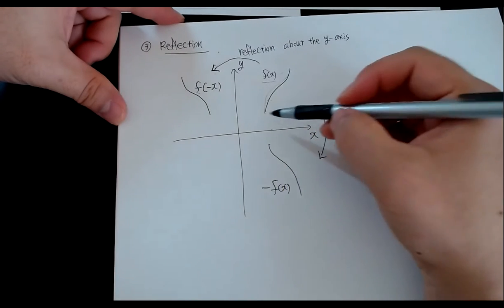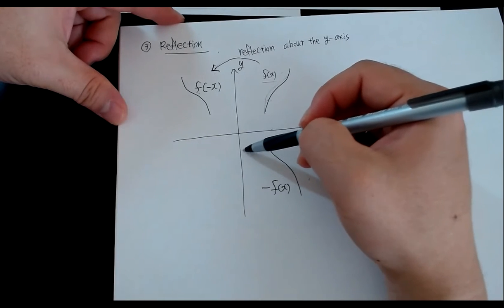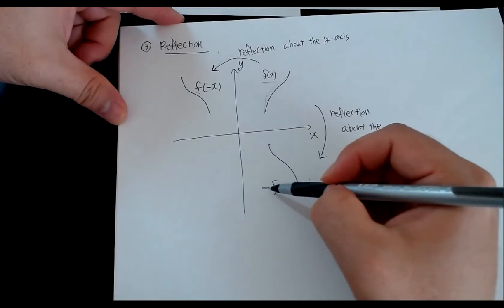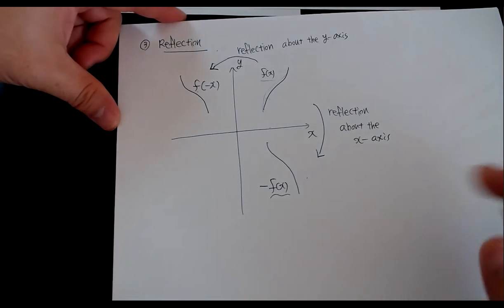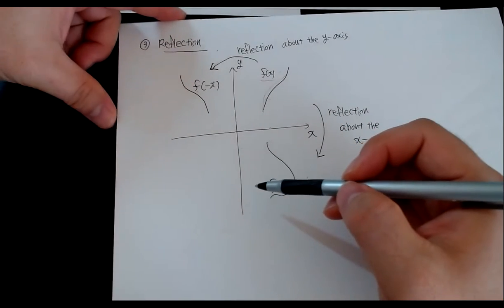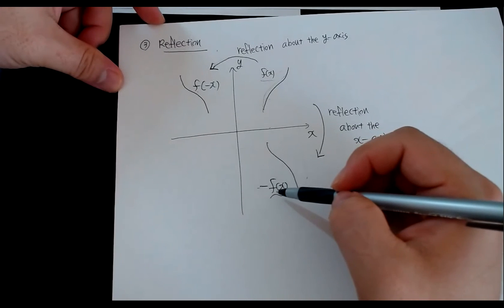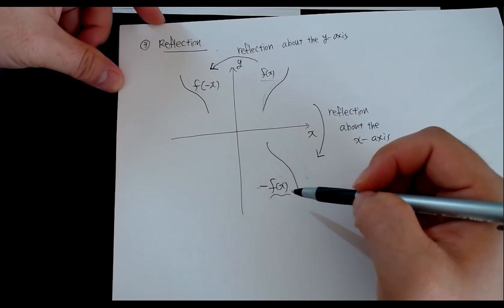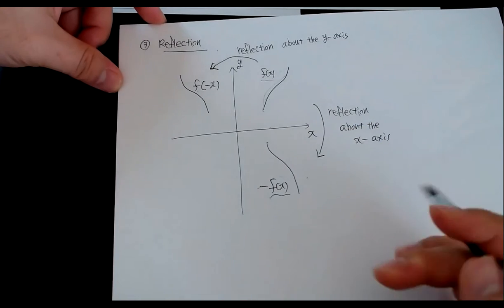You see, they have the same x value but a different sign of y value, right? So we put the negative because f of x is nothing but y. I told you so many times, right? Putting a negative sign in front of f of x means making the sign of the y value opposite.